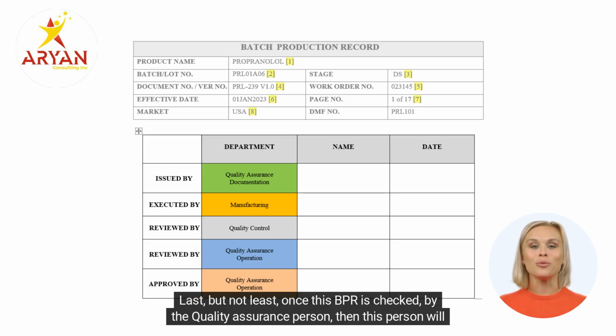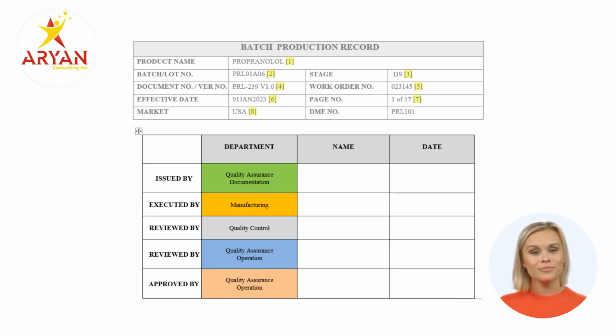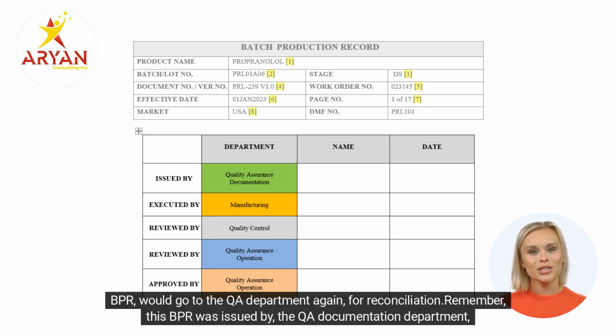Last but not least, once this BPR is checked by the quality assurance person, then this person will sign in the last row before sending the drug to the market. Since the drug is vetted properly now to be safe, after all required safety testing are completed, this BPR would go to the QA department again for reconciliation.